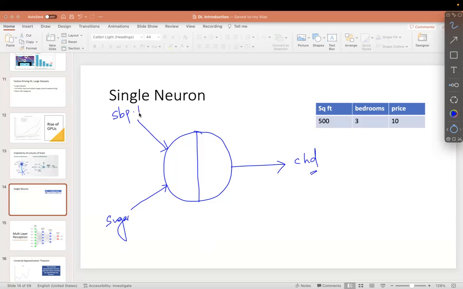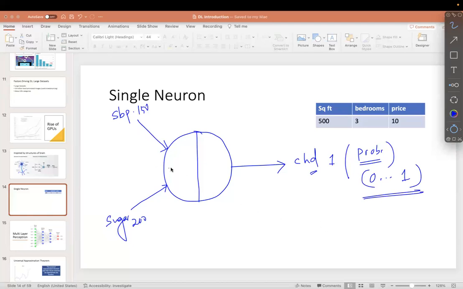Now, let's say the blood pressure is 150 and the sugar level is 200 and the probability is high. I'm just giving an example, all right? Now if you remember, the probability value, the likelihood of somebody having a disease, will typically remain between 0 and 1, right?